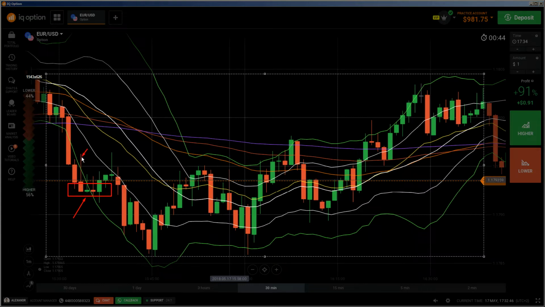I have explained this longer wick: the larger this wick is, the more you can expect pressure coming from the opposite side, and that's the reason why after this candle there will be a green one. After this green one, you have to understand what is going on here, and I would be really careful, because this area would act as resistance, so I would not do any kind of trade in this area.